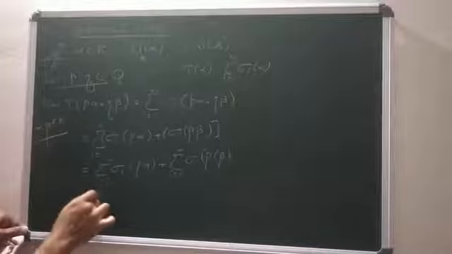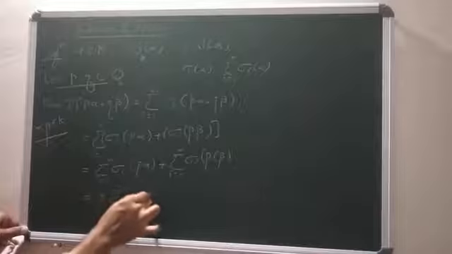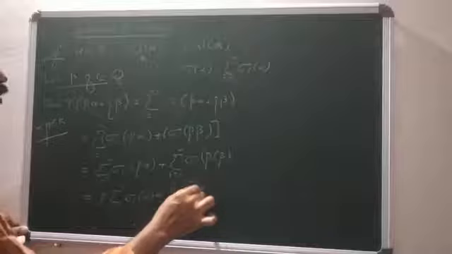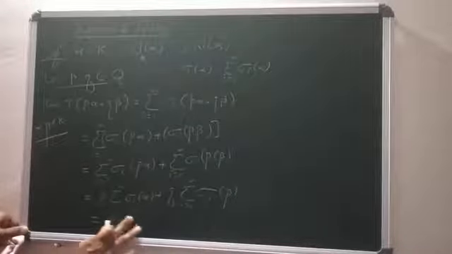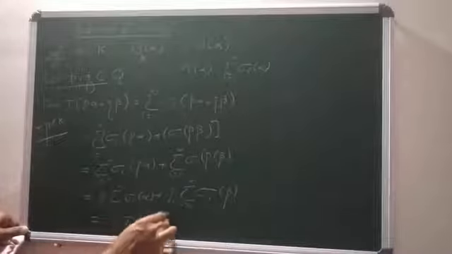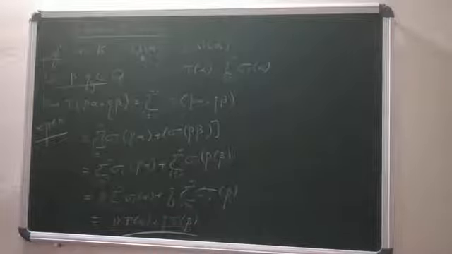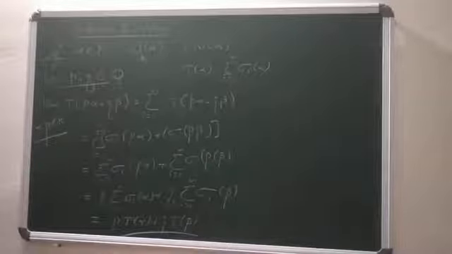So that means it is p into the sum of sigma i of alpha plus q into the sum of sigma i of beta. What is this actually? This is p of T alpha plus q into T beta. So that is the linearity: for alpha and beta in K, and p and q in Q, T of p alpha plus q beta is nothing but p of T alpha plus q of T beta. Agreed?